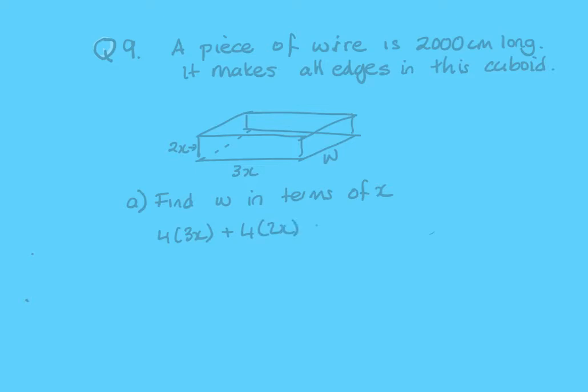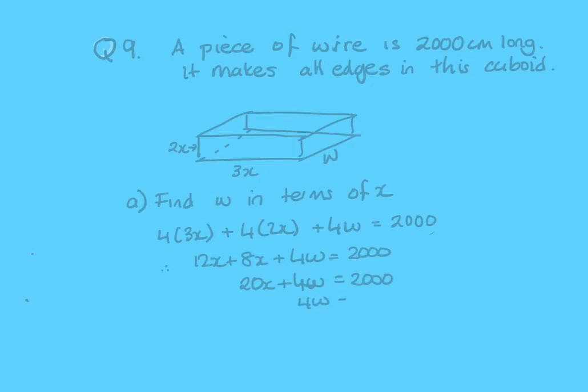Now, we've got information about the 2,000 centimetres length, so if I add up all the sides, that should equal 2,000 centimetres. So we've got 4 of the 3x and 4 of the 2x and 4 w's, and that equals 2,000. So I can say that 20x plus 4w equals 2,000.